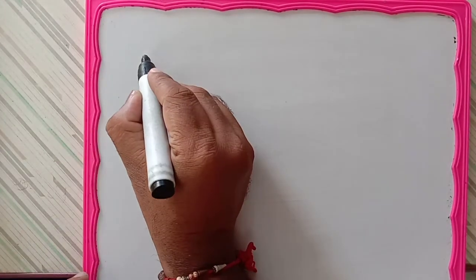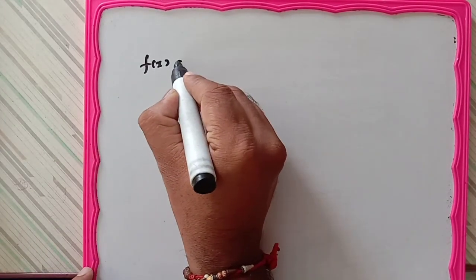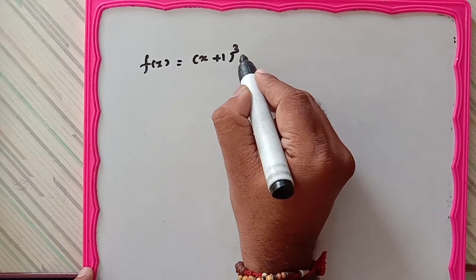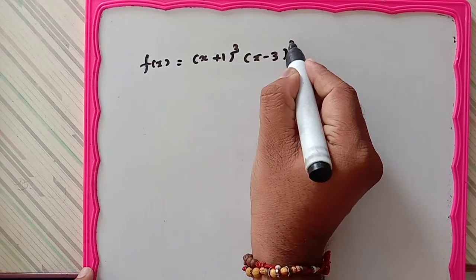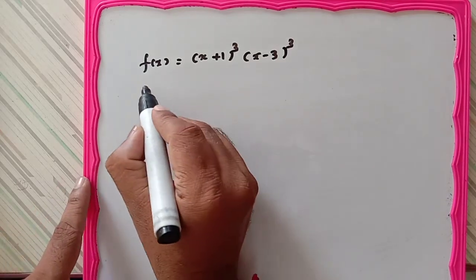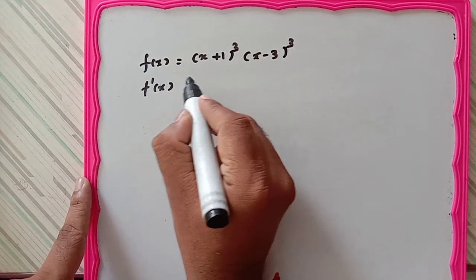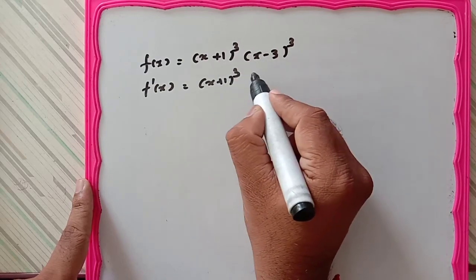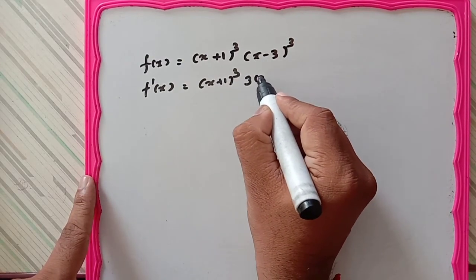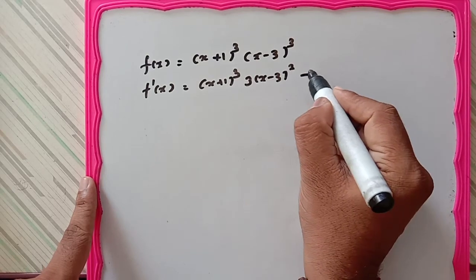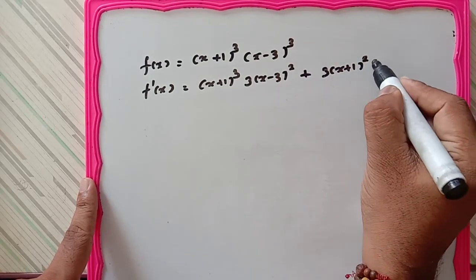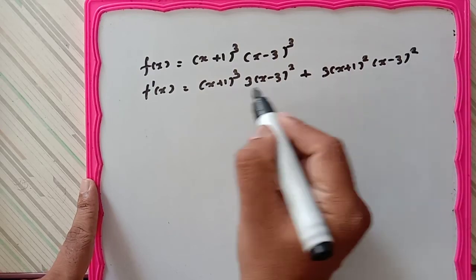The next question is given f x equals to x plus 1 whole cube, x minus 3 whole cube. So f dash x we take with the multiply rule, then x plus 1 whole cube as it is, and this x minus 3 differentiation 3 x minus 3 square, plus here 3 x plus 1 square, x minus 3 whole cube as it is.